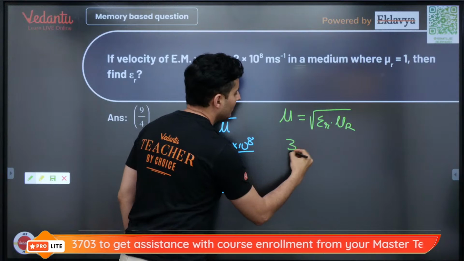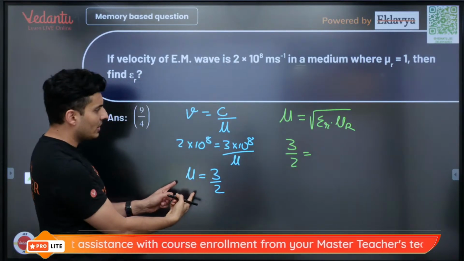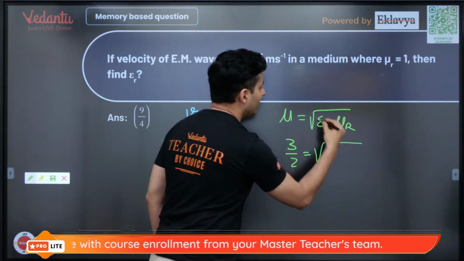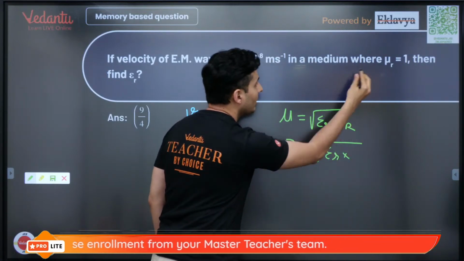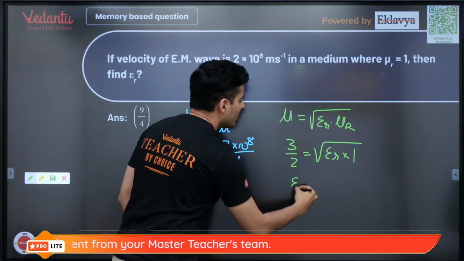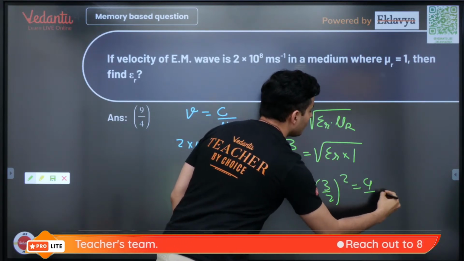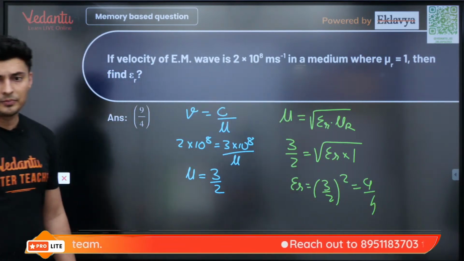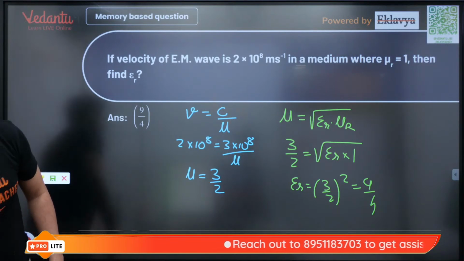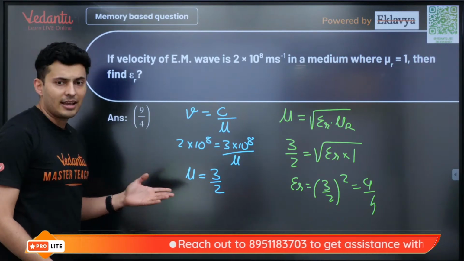Mu is nothing but 3 by 2, right from here. And relative permittivity is something I do not know. Relative permeability is 1. So ER will be nothing but 3 by 2 whole square, which is 9 by 4. That's it. Done. 9 by 4. That's the answer, my warriors.